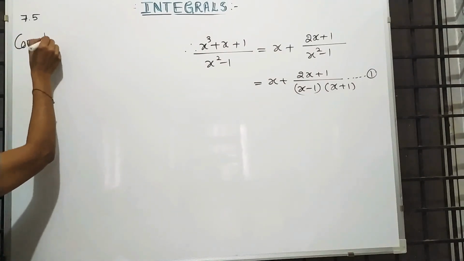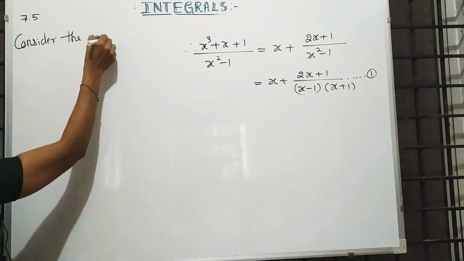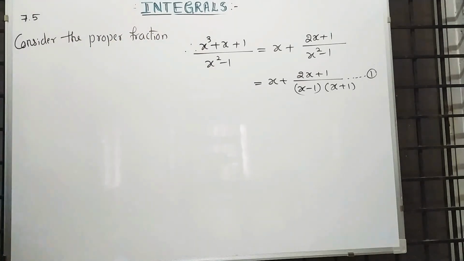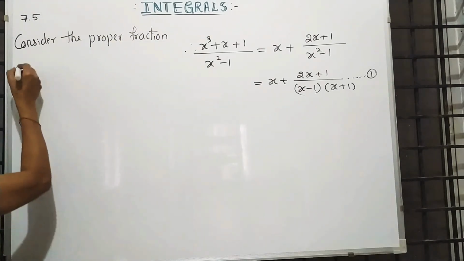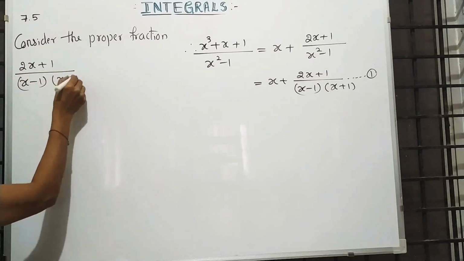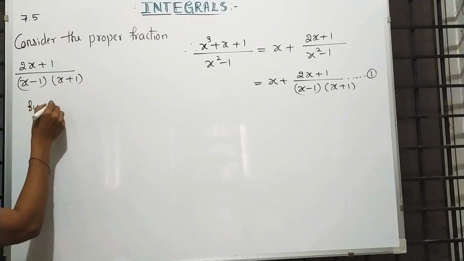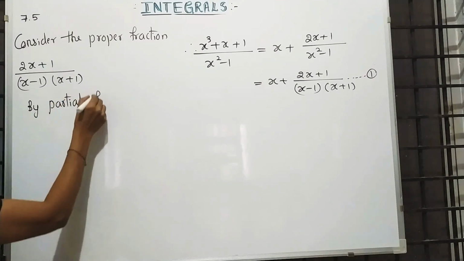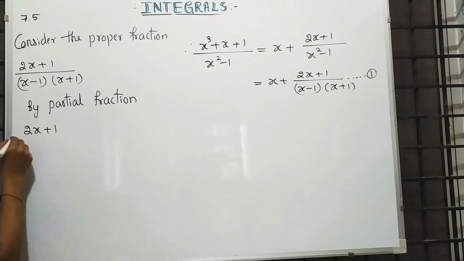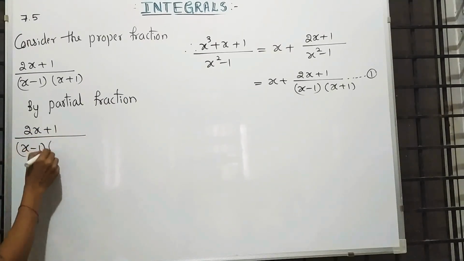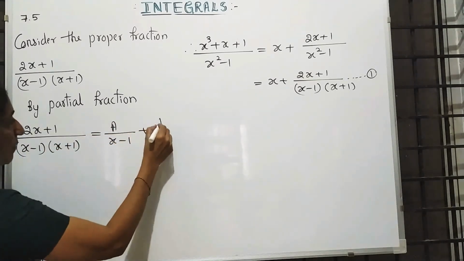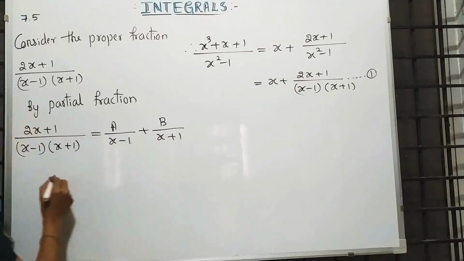Consider the proper fraction 2x plus 1 upon x minus 1 into x plus 1 by partial fractions. 2x plus 1 upon x minus 1 into x plus 1 is A upon x minus 1 plus B upon x plus 1.